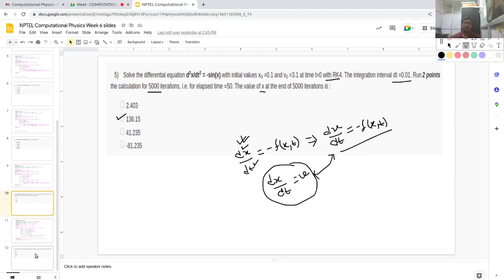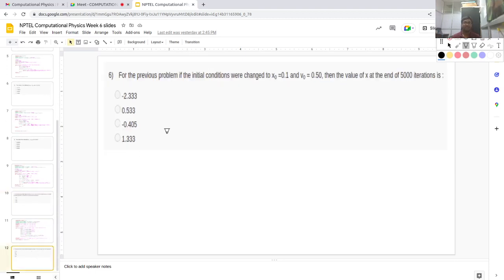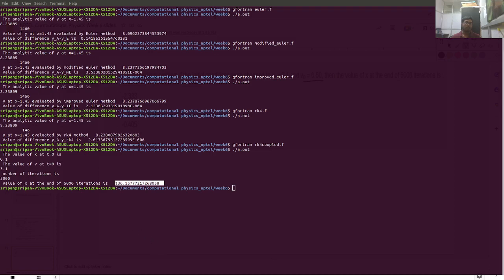Now we have another question with the same thing, but this time we have the value of v0 to be different. Initially it was 3.1 in the previous question, but this time it is 0.5, right? So again I am going to calculate this using 0.5.